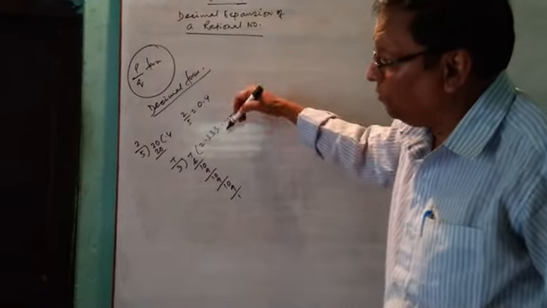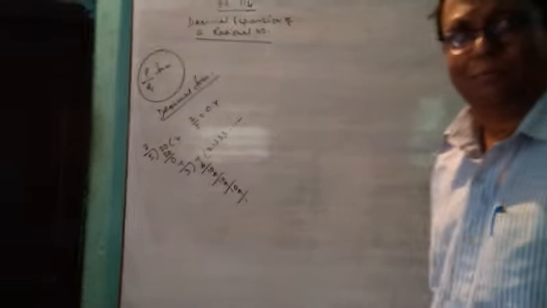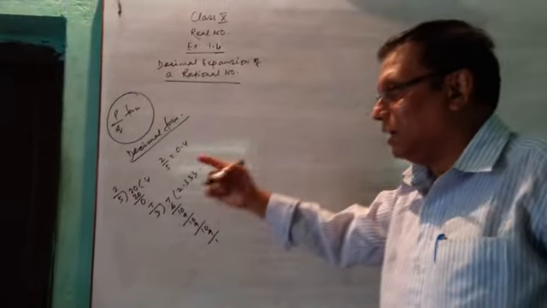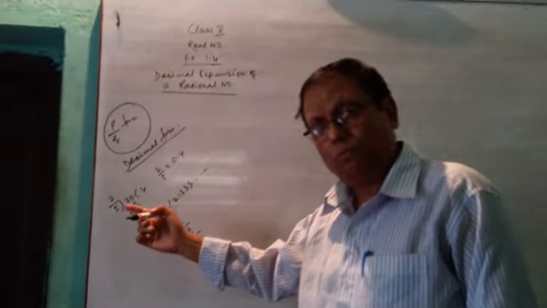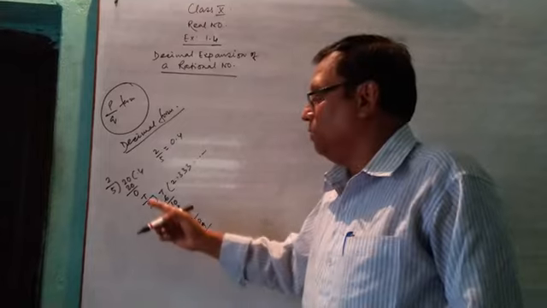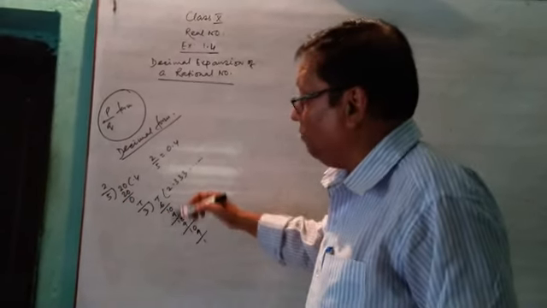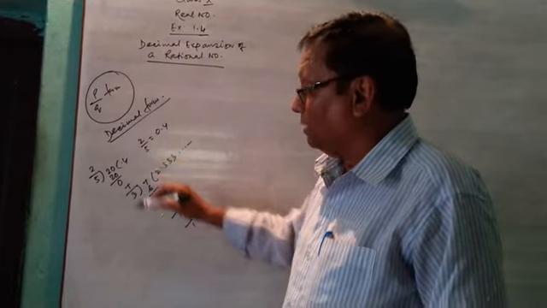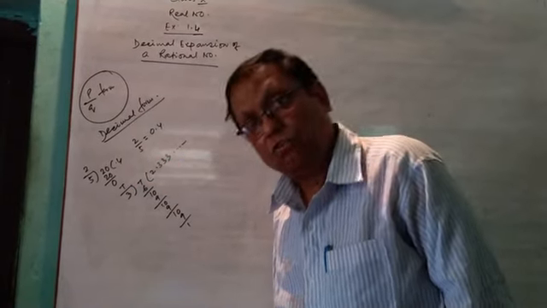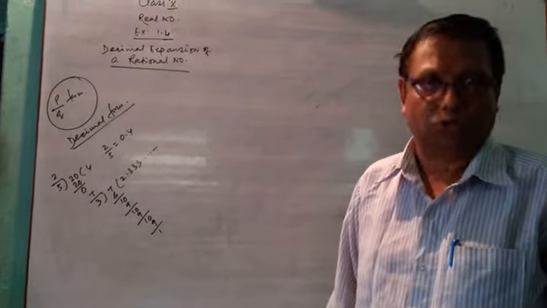So there is a difference between the two. In 2 by 5, when we are converting the p by q form into decimal form, we find that the remainder becomes 0. But when we convert the rational number 7 by 3, we find that the remainder never becomes 0.